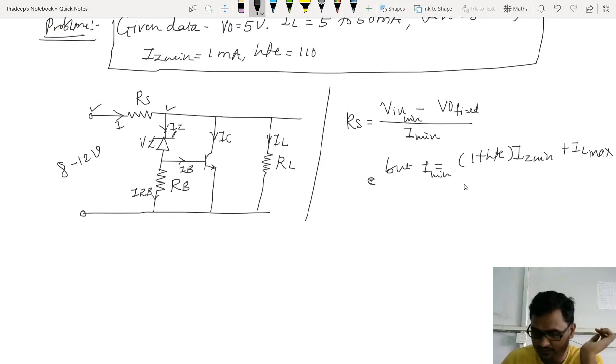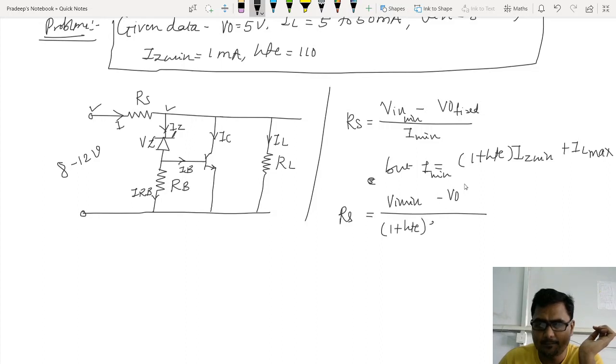Now put this value in the equation of RS. RS will then be VIN minimum minus VO divided by (1 plus HFE) multiplied by IZ minimum plus IL maximum.